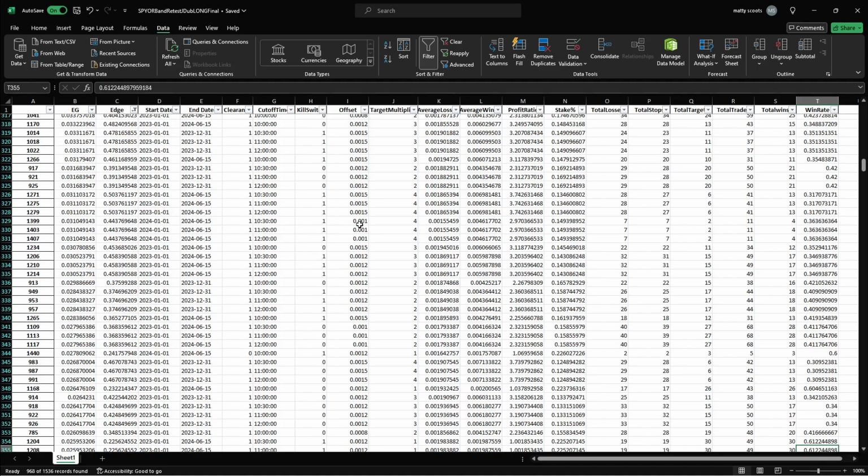What you want to see is, okay, with the kill switch and the clearance on, it doesn't really matter what cutoff time I use. A variety of offsets and target multiples are helpful. You kind of want to see a trend that's not very specific, right? You want to see a general theme of, ooh, this is profitability here.